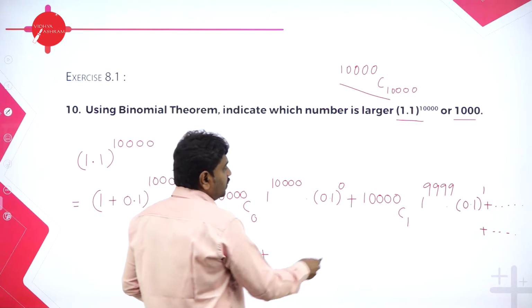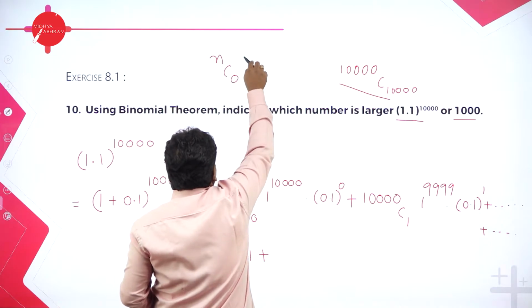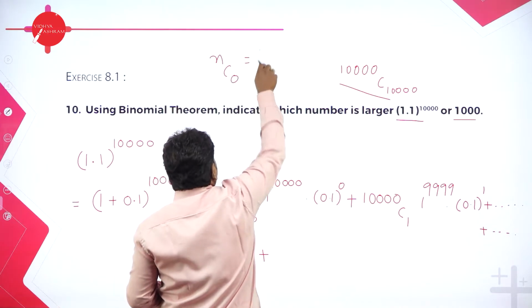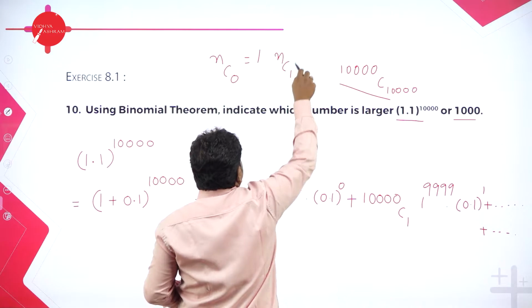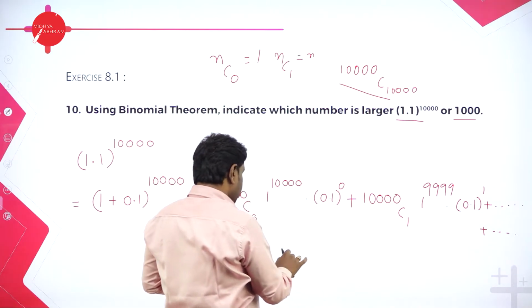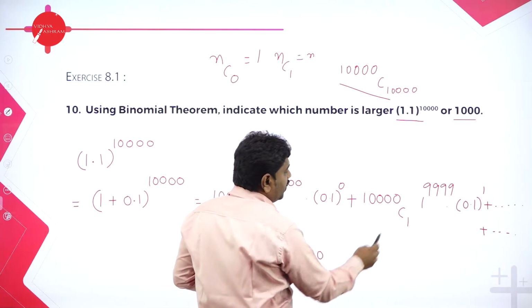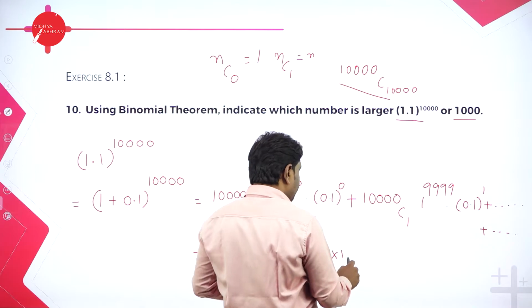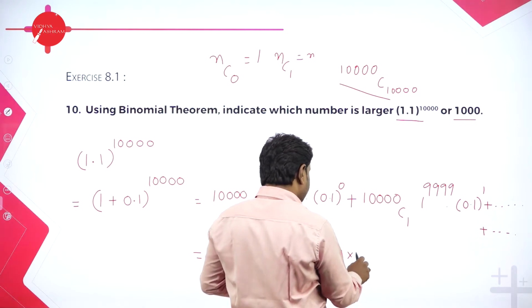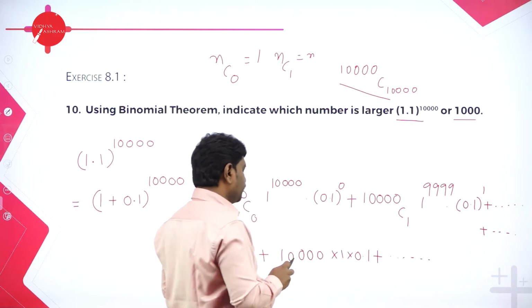Plus 10,000 C1: all of you know, NC0 is 1, NC1 is N. So 10,000 C1 is 10,000, into 1 into 0.1, plus again so on. So many terms will be there.